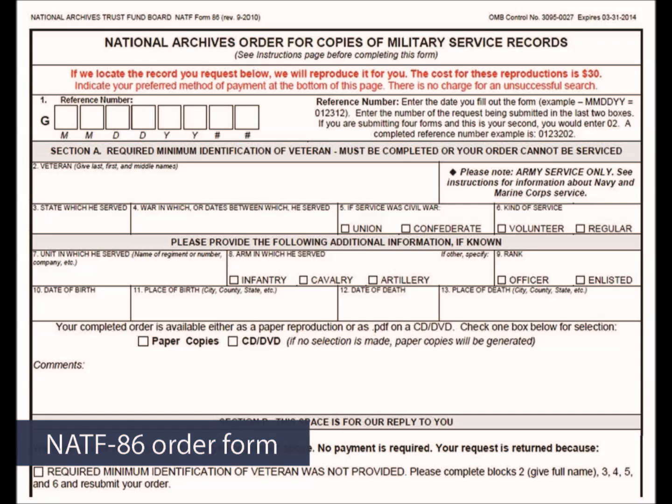You want to put in the veteran's name, the state in which he served, the war, in this case the Civil War, and you want to provide additional information: his date of birth, place of birth, date of death, or place of death. This costs simply $30, and they will make either paper copies for you or burn it on a CD or a DVD.